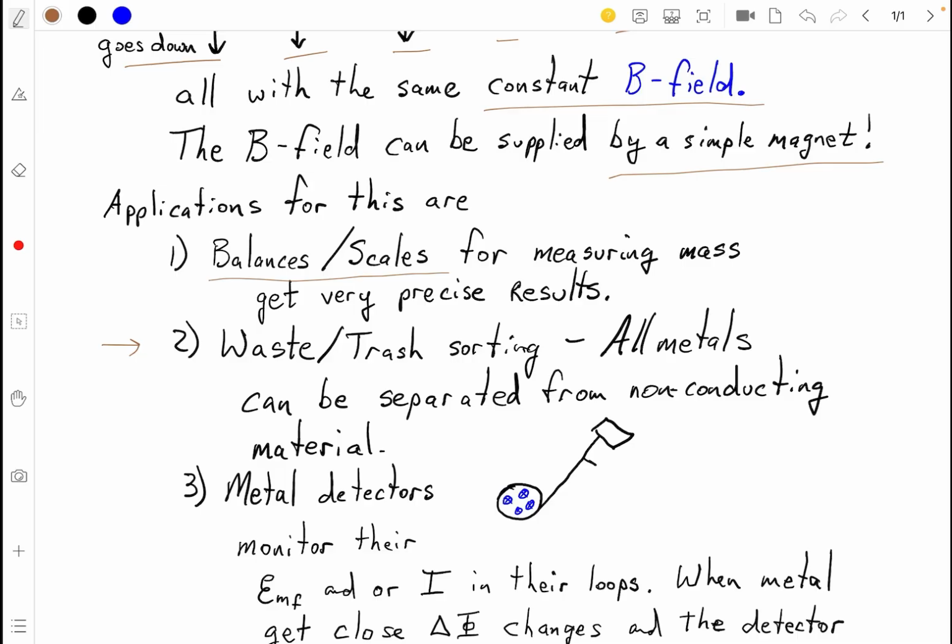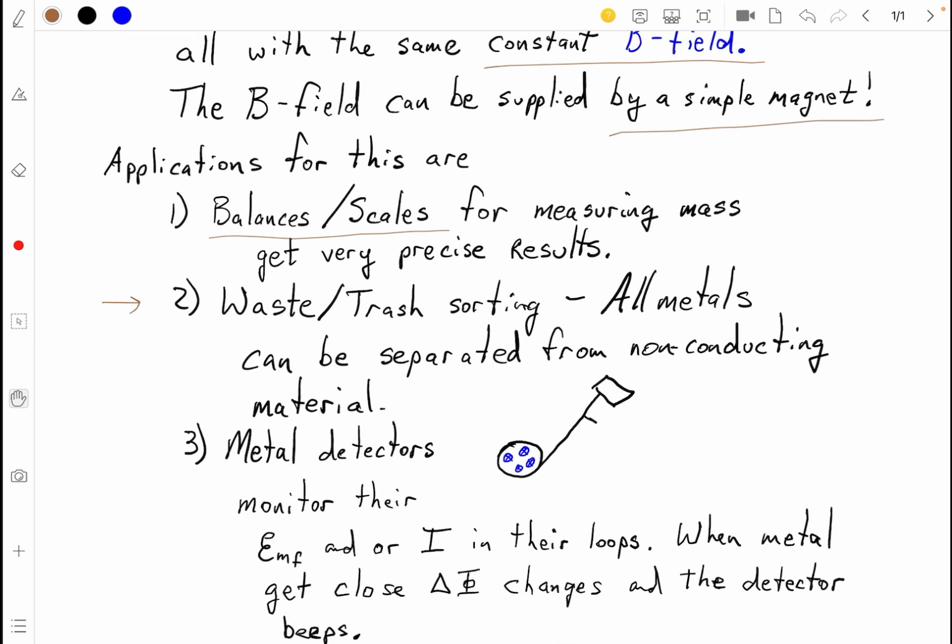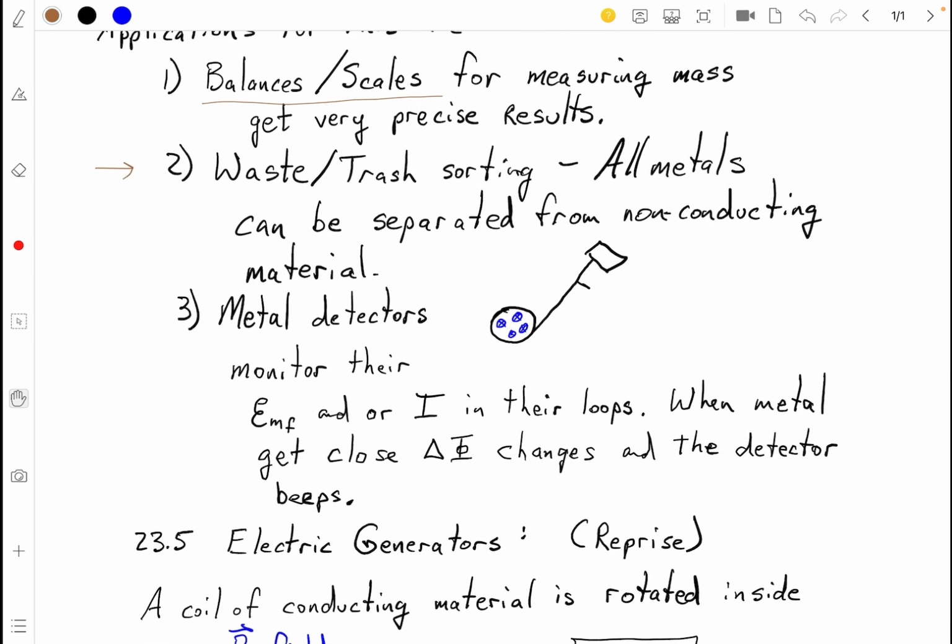So another thing is a metal detector. I don't know if anybody's walked around with a metal detector, but it's kind of fun to do. I think I made one. I had no idea what I was doing in 8th grade, and I made one.